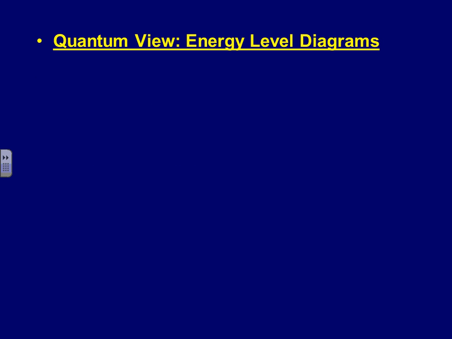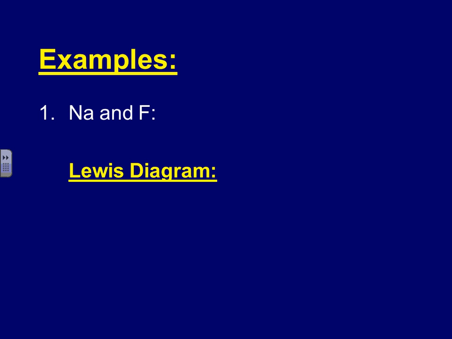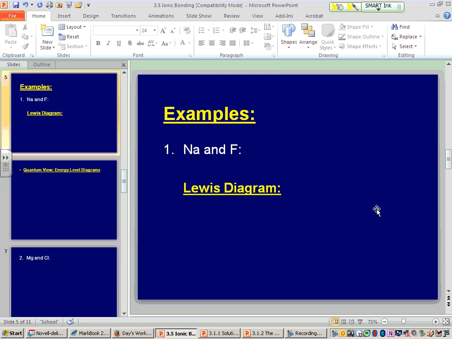Oh, the smart board is not running. I should have checked that. All right, you guys can get started on that one. That's the Na with 1 dot, the fluorine with 7 dots, transfer the 1 over, square brackets, et cetera, et cetera. I'm going to just attempt to fix this.